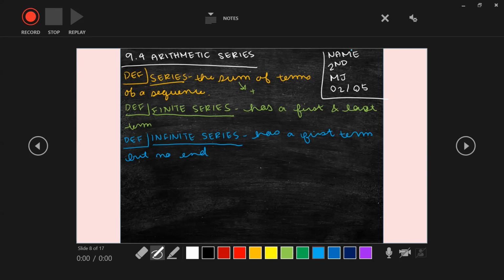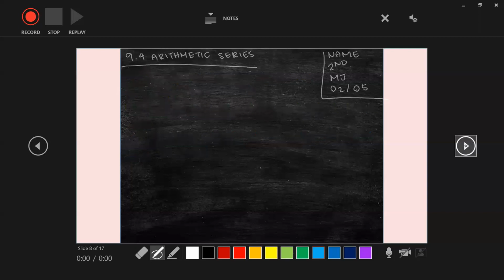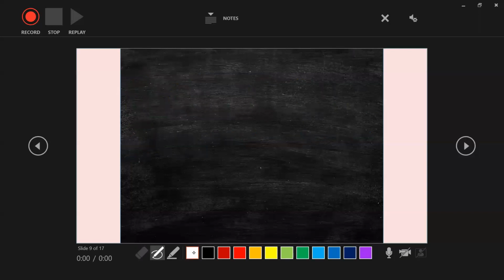So from our notes yesterday, can anyone give me an example of an arithmetic sequence? It's just numbers, like number, comma, number, comma, number. 3, 6, 9, 12. Yeah, 3, 6, 9, 12. So we're going to write here a finite sequence.